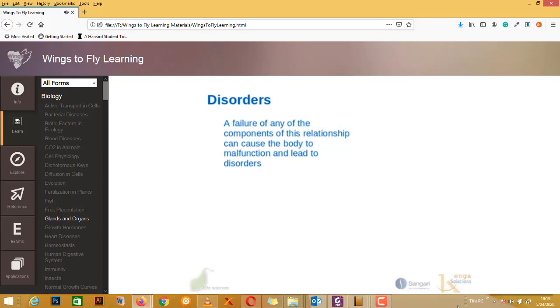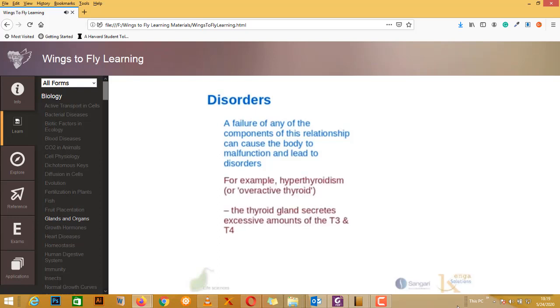Let's look at disorders. A failure of any of the components of this relationship can cause the body to malfunction and lead to disorders. For example, hyperthyroidism, or overactive thyroid, happens when the thyroid gland produces and secretes excessive amounts of free thyroid hormones, T3 and T4.